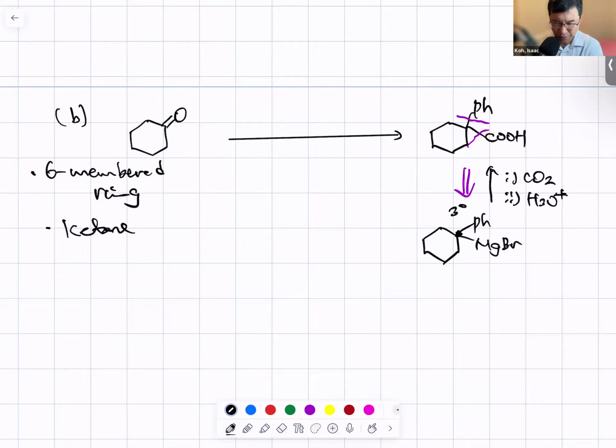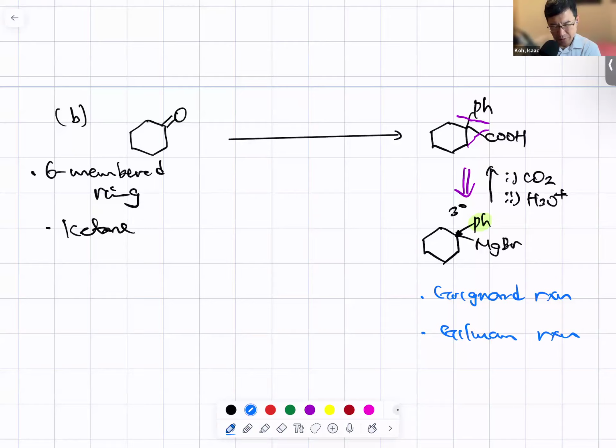All right. Then how can you make this Grignard reagent? Also adding this phenyl ring, and when you add a phenyl ring right there, the new carbon-carbon bond, we can think about Grignard reaction, or we can think about, we have learned the Gilman reaction, alkyl thialkyl cuprate.